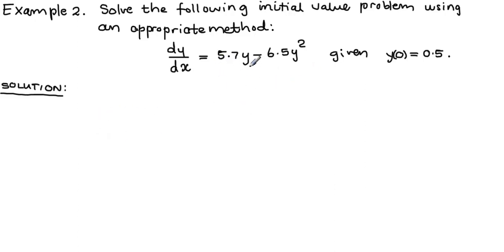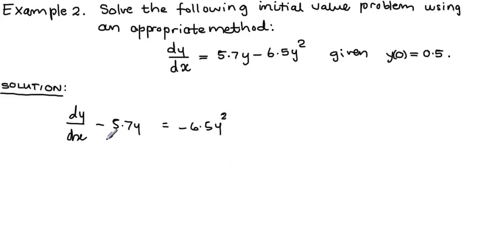Let's suppose we subtract 5.7y on both sides. What we're going to end up with is dy/dx minus 5.7y equals minus 6.5y squared.